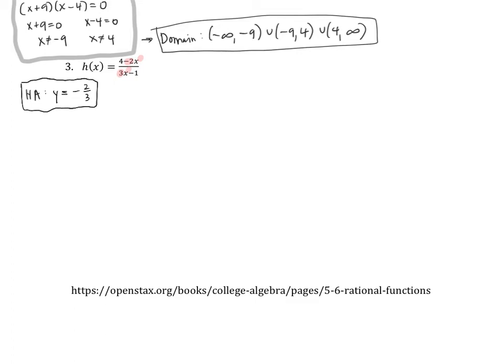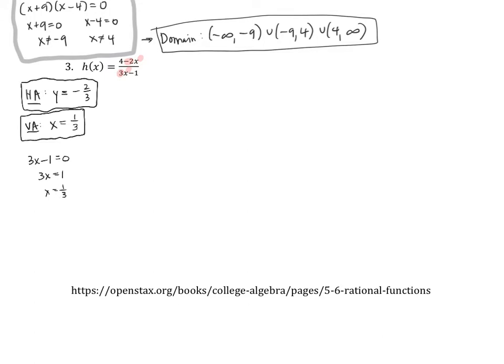Okay, now the vertical asymptote, we're going to find that by setting the bottom equal to 0. So 3x minus 1 equals 0. So that means 3x equals +1 because we add 1 to both sides. We divide by 3, so we get x equals 1/3. So x equals 1/3 is the vertical asymptote. Remember that that is associated with the domain.